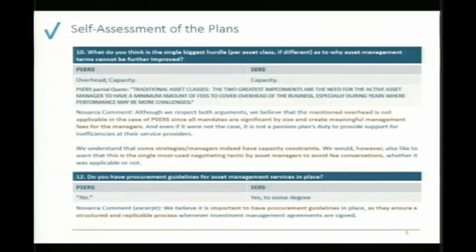But they would also help, from our experience, the staff at both SERS and PSERS to negotiate harder with the asset managers, because whenever an asset manager is pitching for a new mandate and is looking for a new business relationship, that is the moment in time where there is the most flexibility to discuss terms. And if your procurement guidelines essentially don't allow you full freedom on what you're going to be paying them, then that will generally help the plan to negotiate better terms at that moment in time.